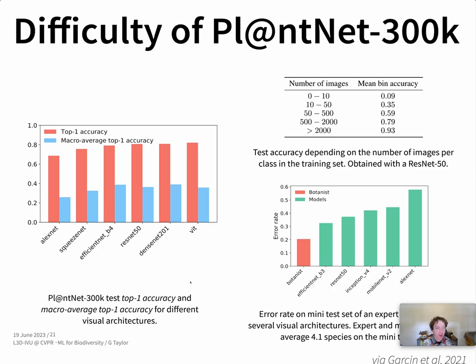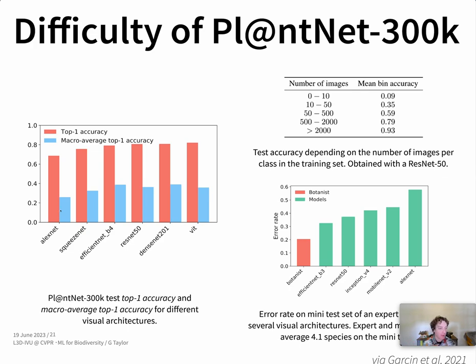Now, when we measure performance on PlantNet-300K using typical metrics like top-one accuracy, you actually see that various convolutional networks and vision transformers are doing reasonably well. And that's because it's using a micro average. It's basically averaging over all of the examples in the test set. When you do a macro average, that means you average the performance per class and basically treat every class the same.